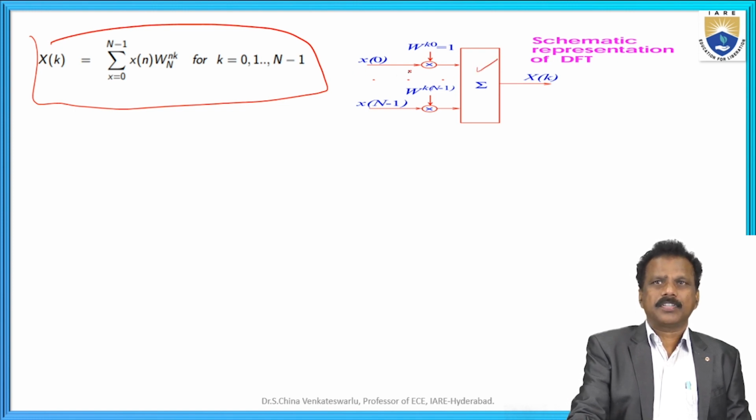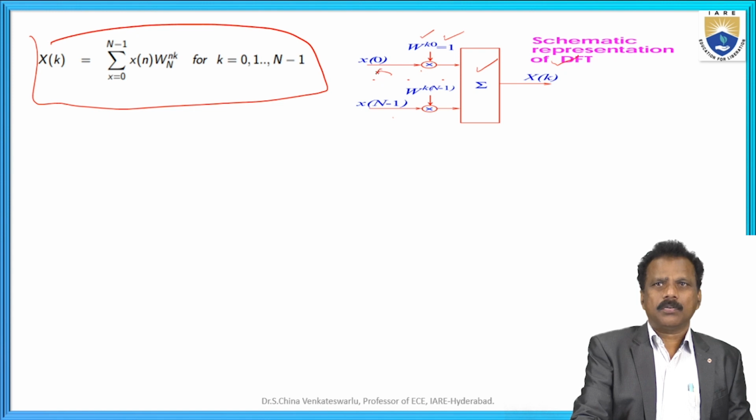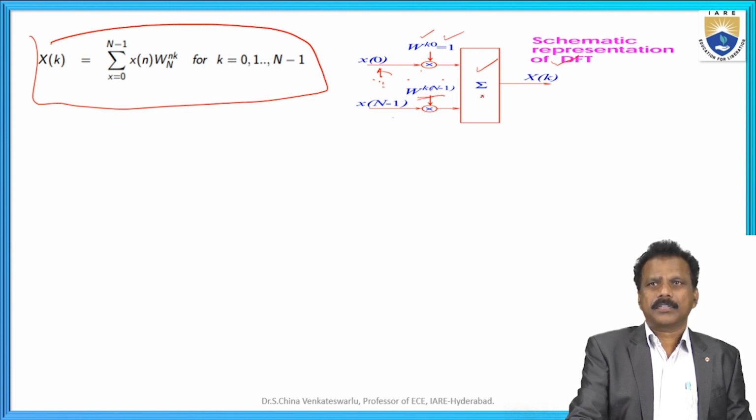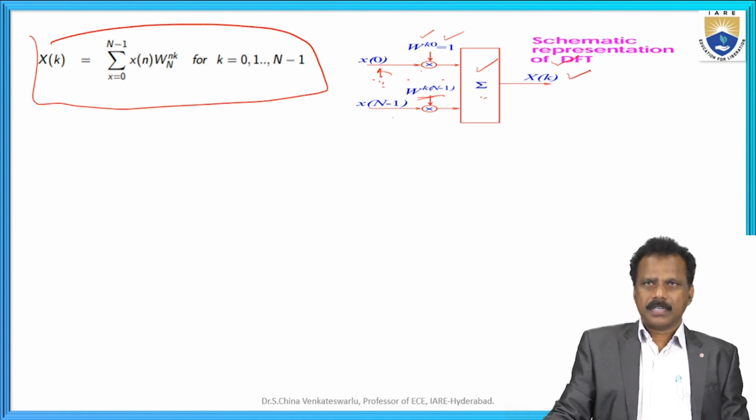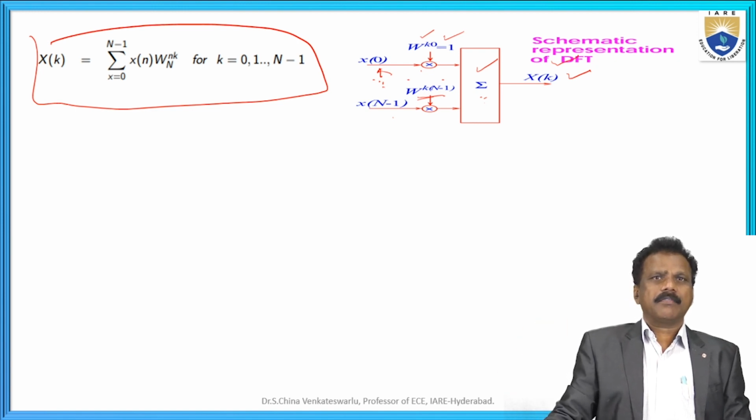Here it is x(0), then the twiddle factor W^k equal to 1, given to that summation, and we expect X(k), with x(0), x(1), x(2) up to x(N minus 1), k equal to 0, 1, 2, 3 and so on, x(n) with the twiddle factor W^(kn). Using this summation, we get the discrete Fourier transform. The left side is the mathematical expression, and the right side is the schematic representation of the discrete Fourier transform.